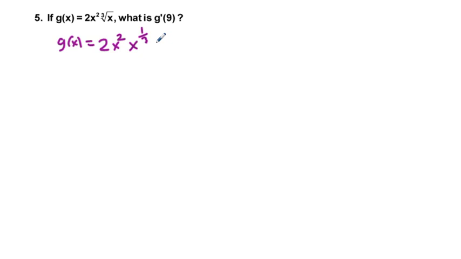And so what we're going to have is 2 times x, and we can write squared as 6/3, times x to the 1/3. We're going to get 2x to the 7/3 power.